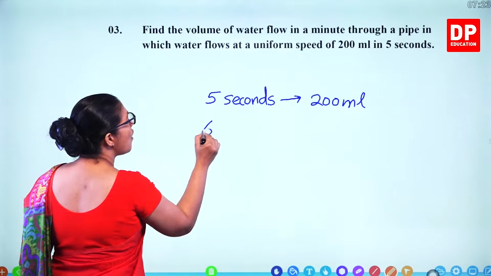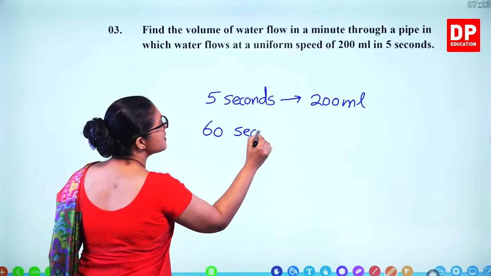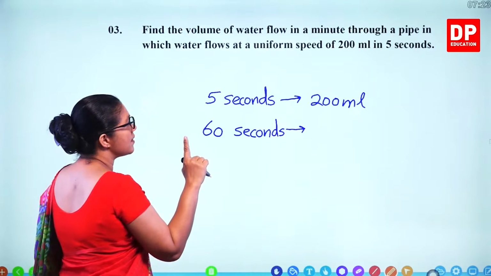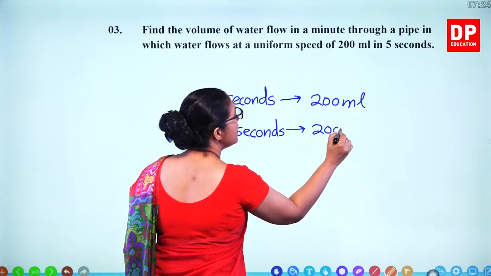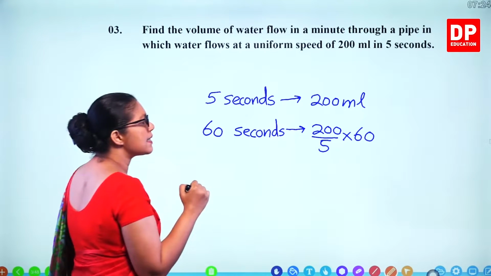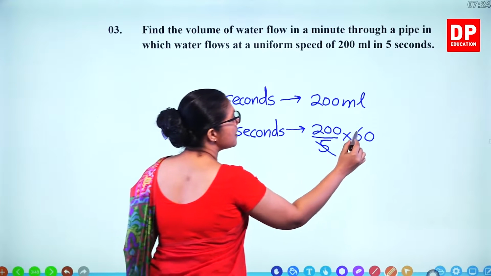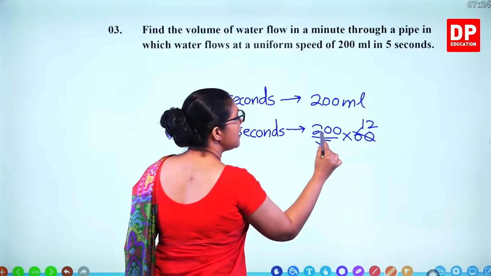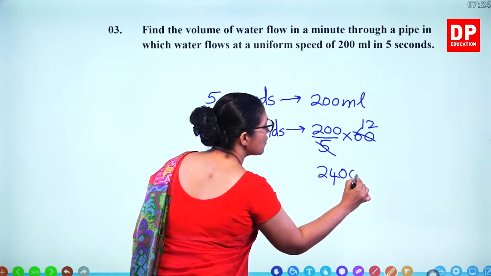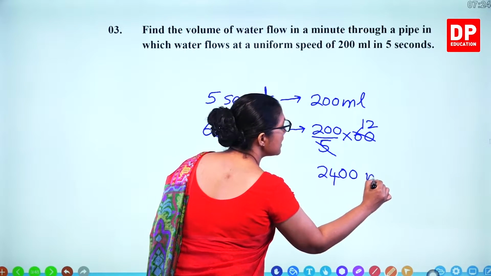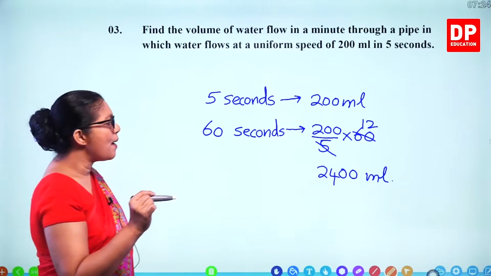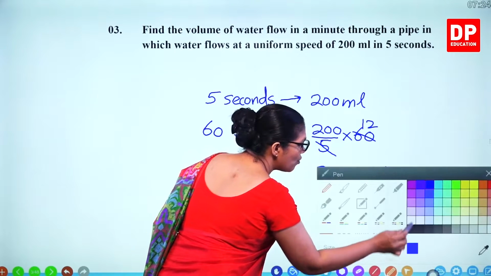So we have to find out for 60 seconds. So what we do? We can find for 1 second, that's 200 divided by 5, and for 60 seconds we multiply by 60. 5 times 12, 60, 2 times 12, 24, and 2 zeros are there. So this is in milliliters. So what's the volume there? 2400 milliliters. So you get 2 marks for that.